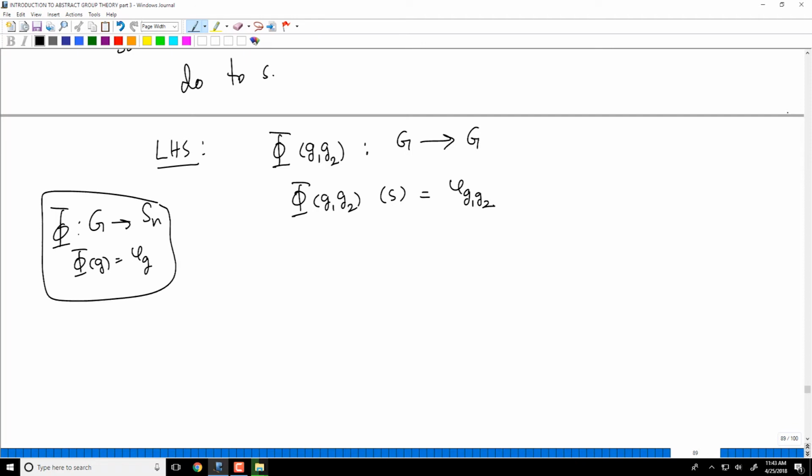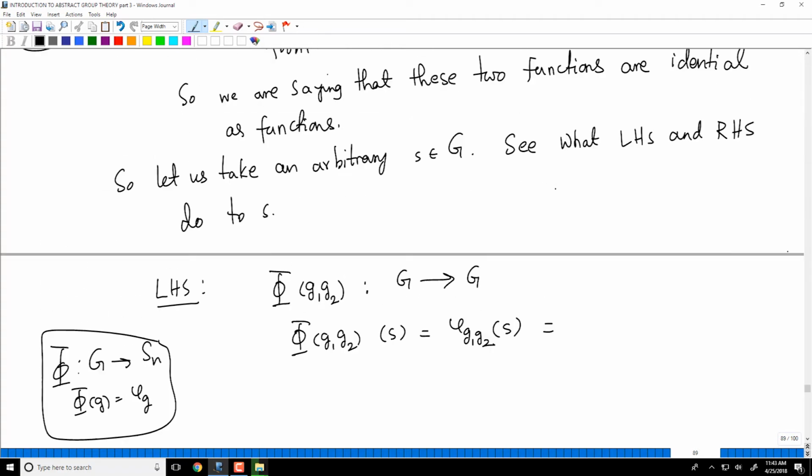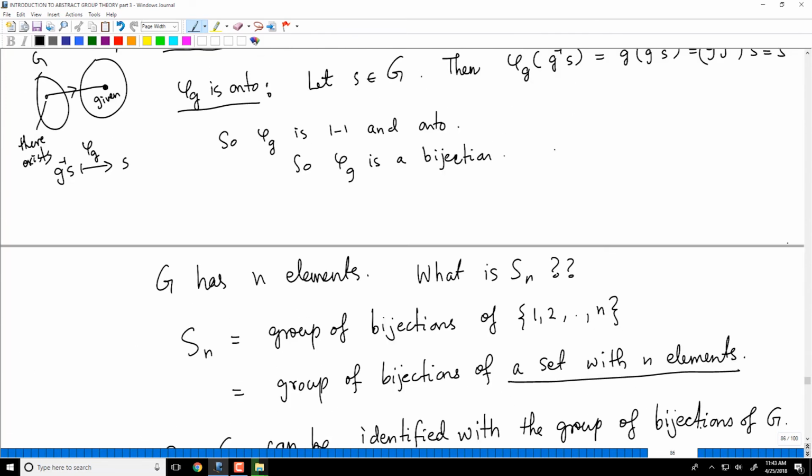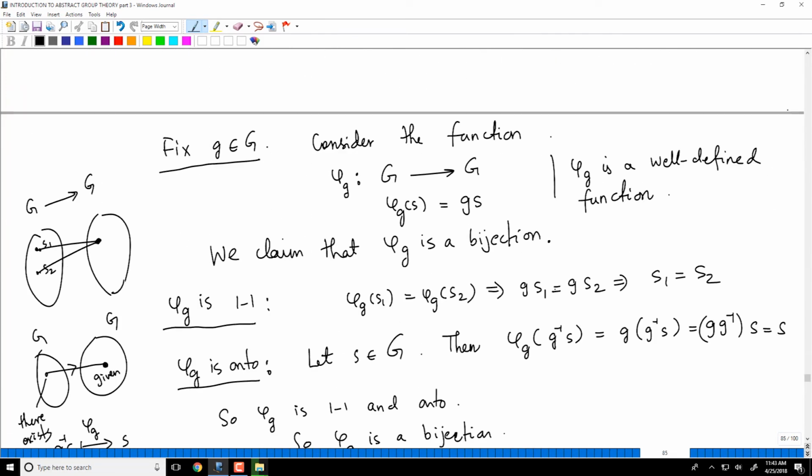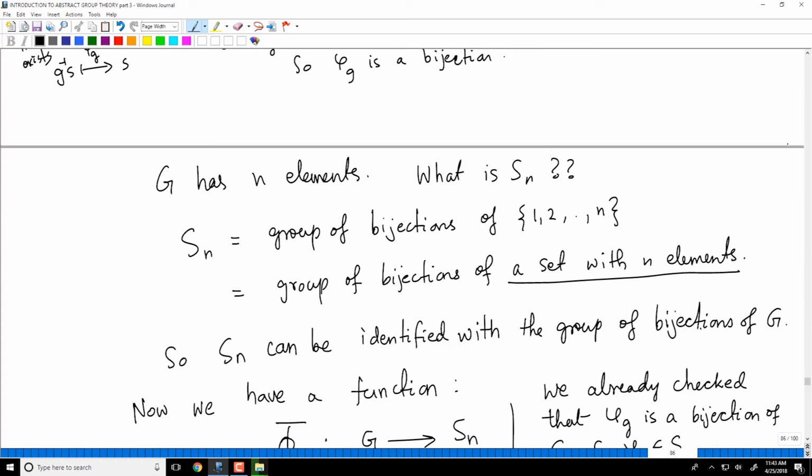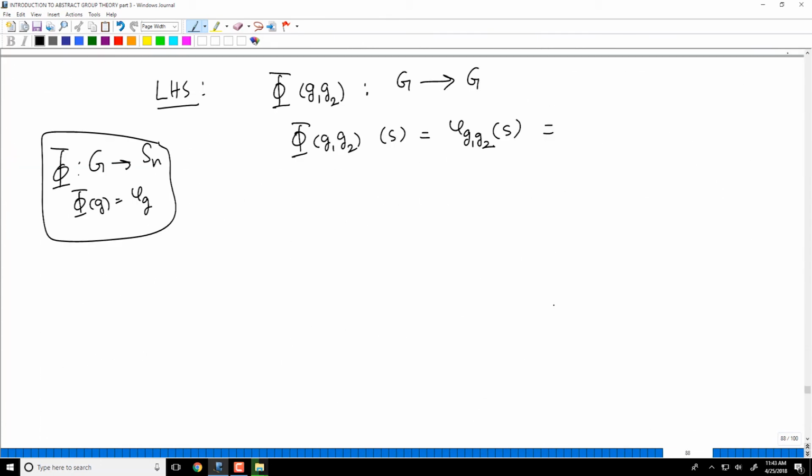So capital phi of g1g2 is small phi of g1g2, and applied to s it is this. But small phi was defined way back in the beginning of the proof. Small phi g is gs applied to s. So small phi g1g2 of s is g1g2s. Okay, this is what LHS does to small s.